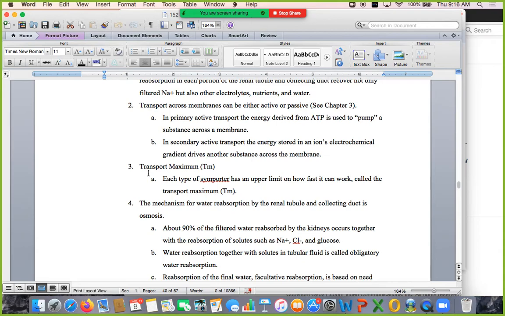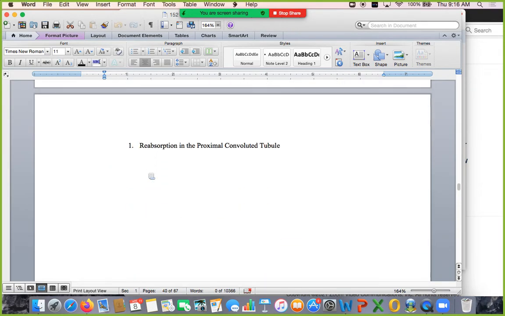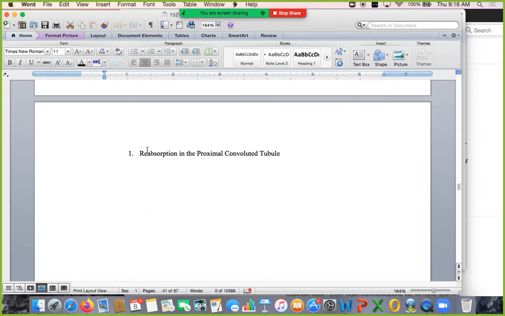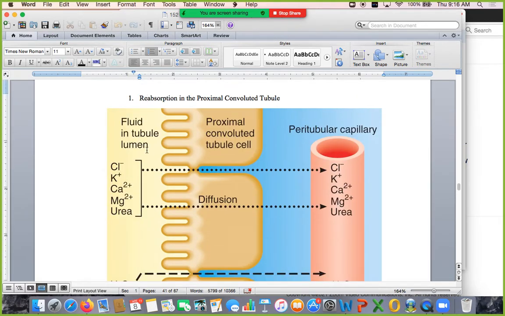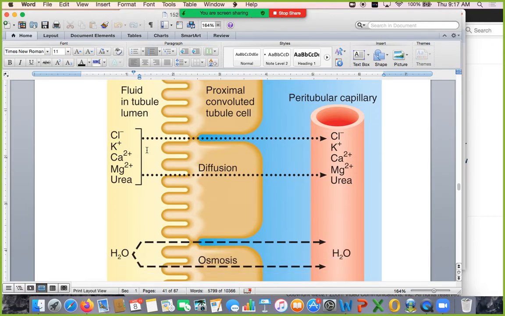All right, so once we enter the proximal convoluted tubule, we're also going to have resorption occurring of multiple different things, including chlorine, potassium, calcium, magnesium, and urea.